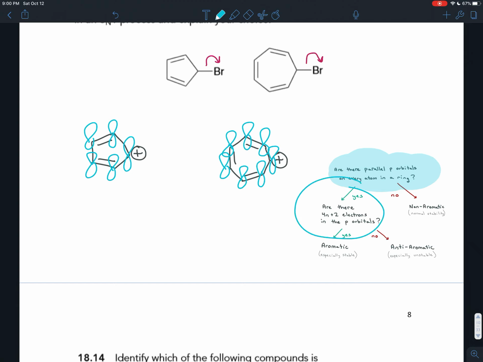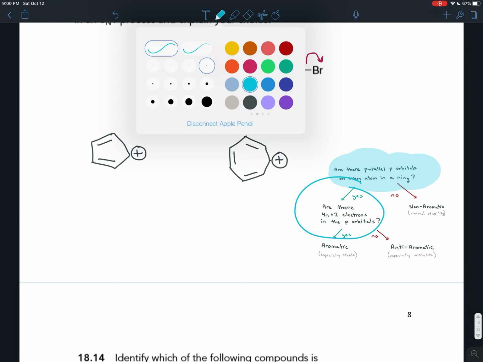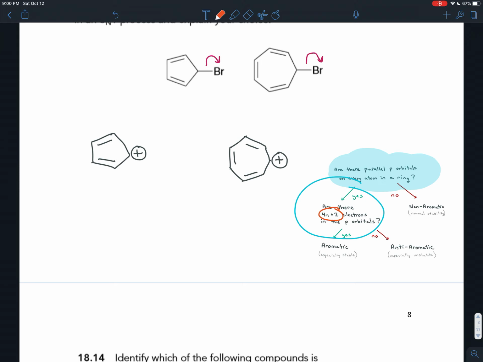So in both cases, yes. So these rings are either going to be especially stable, aromatic, or especially unstable, anti-aromatic. The question is, how many electrons do they have in those p orbitals? Is it one that's summarized by the pattern 4n plus 2? Is it a Huckel's number, or is it not?